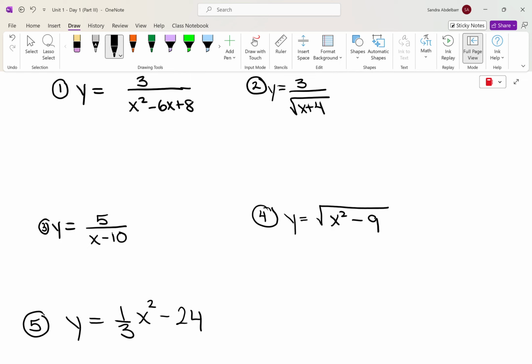Kill that. And then these should just be x can't equal 2. So this one is a restricted domain because we have a variable in the denominator. Once we have a variable in the denominator, we know the denominator cannot equal 0.